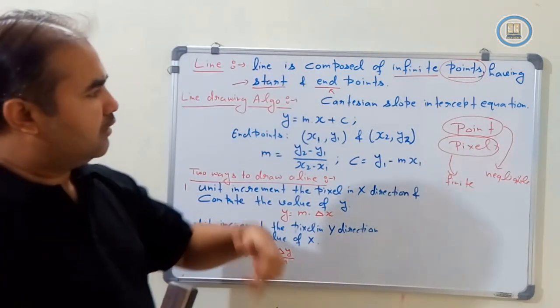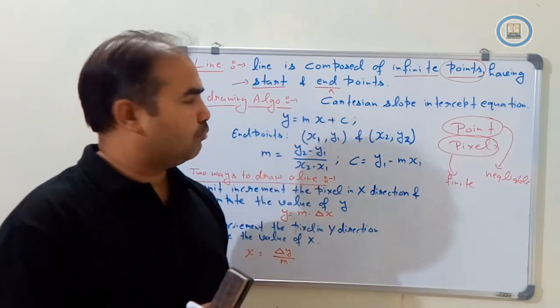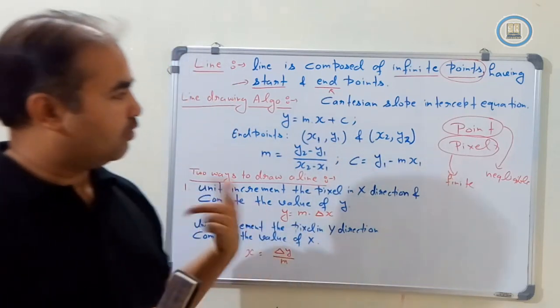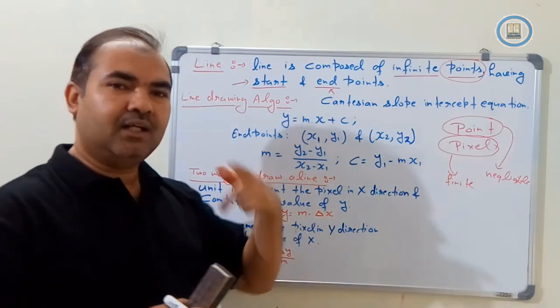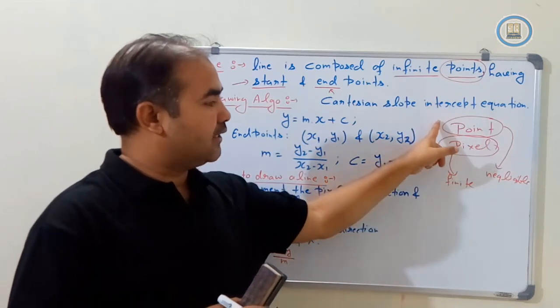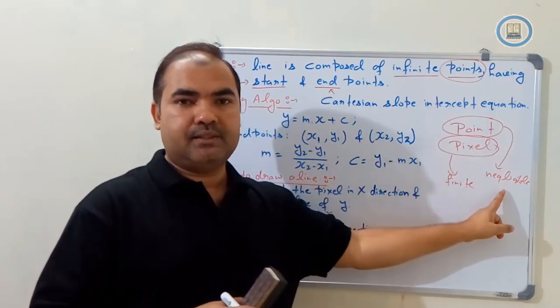So we should remember that in computer graphics we say pixel, and at the same time we call a pixel a point, but the difference is that a pixel has finite size and a point has negligible size.